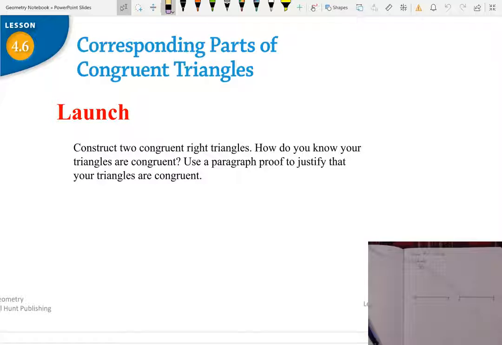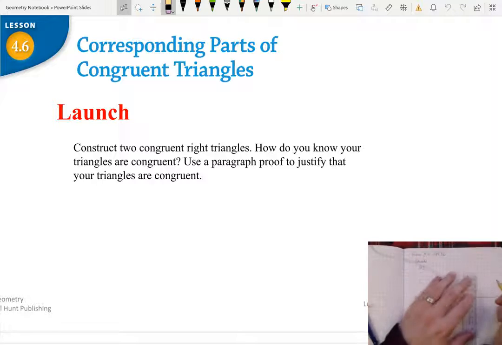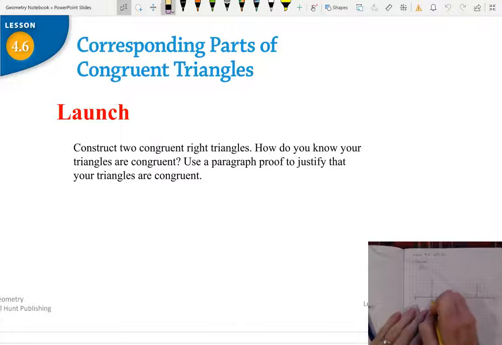So this perpendicular bisector will construct a right angle, both top and bottom. Line that up here, down here. Good. Okay, I'm going to call this point D, call this point Z.